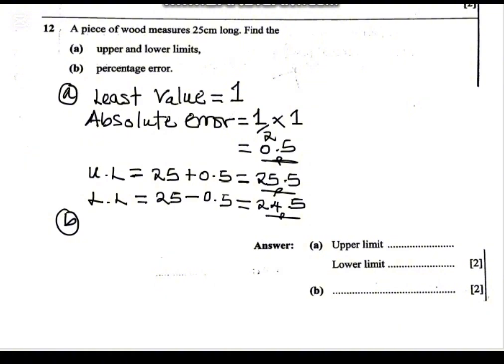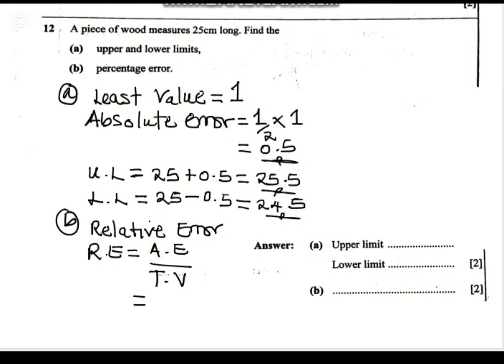So percentage error, we are going to start with the relative error. So how do we get relative error? I'll denote it as R.E. is equal to absolute error, which I'll denote as A.E., over true value, which I'll denote as T.V. Now what is our absolute error?